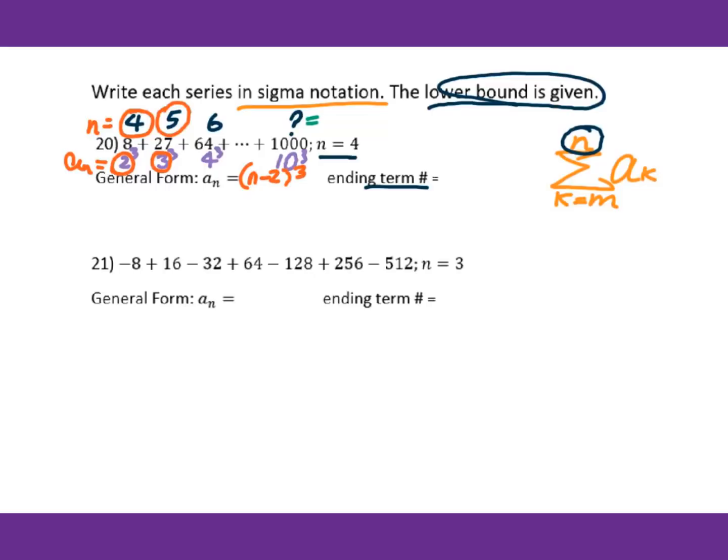This number will be 12. I write down the ending term number is 12. I can write down the sigma notation now. The sum of n minus 2 to the third power as n goes from 4 to 12.